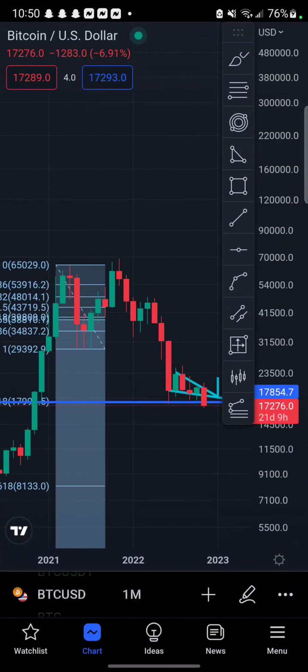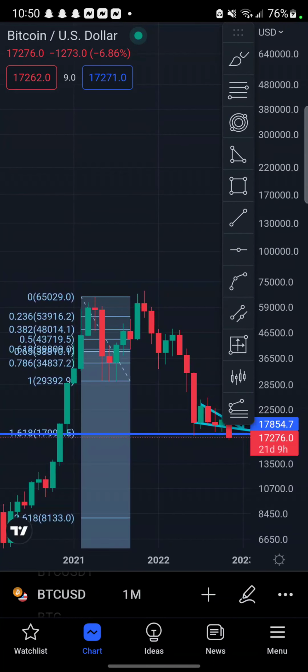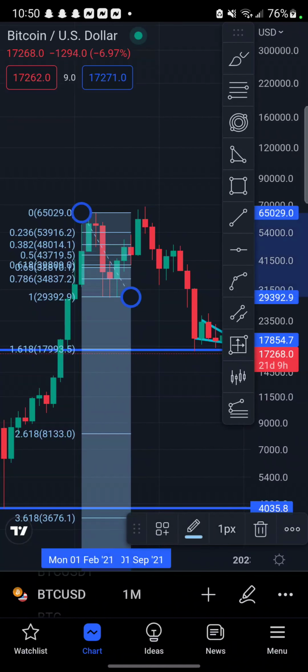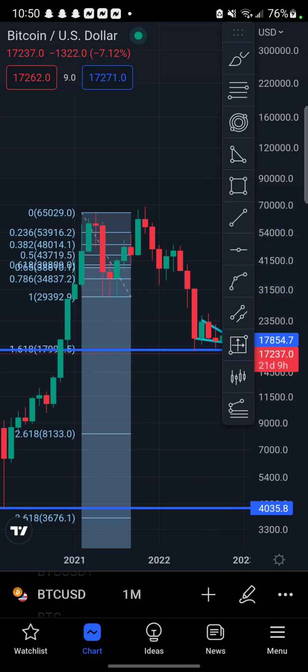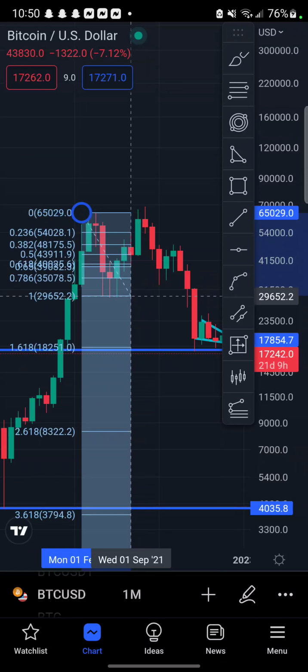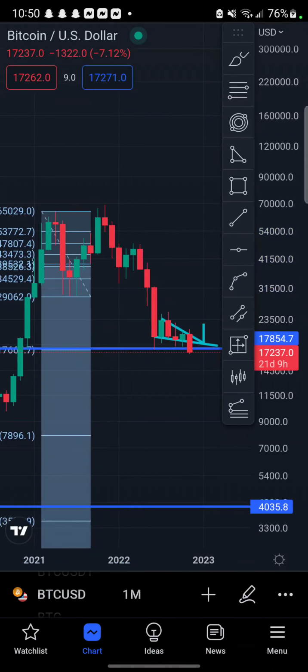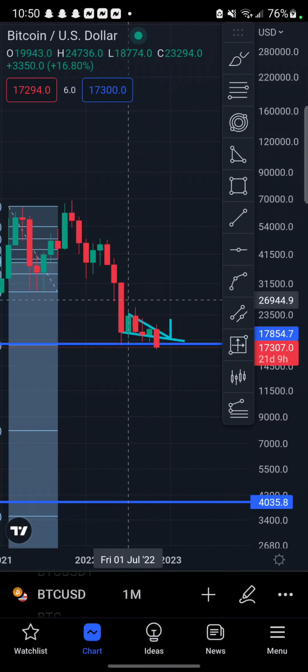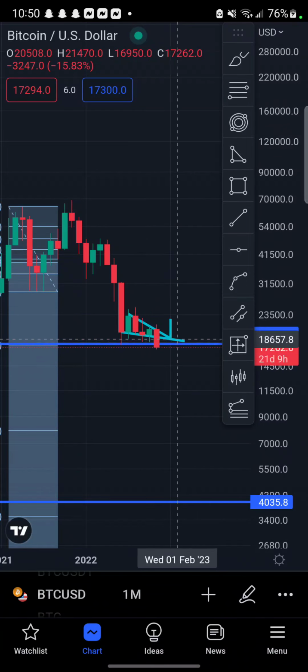So we have two times where this Fibonacci strategy has worked, pulling it from the low all the way up to the high, and it pretty much gives you the 1.618 on the downside. That's why we rolled over here, and this is where we're at currently.